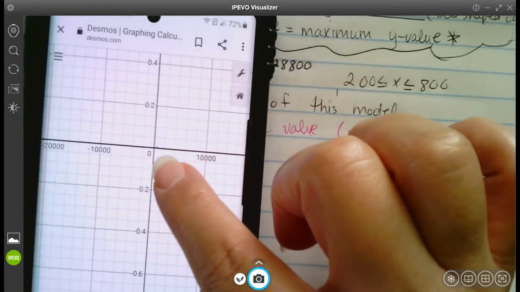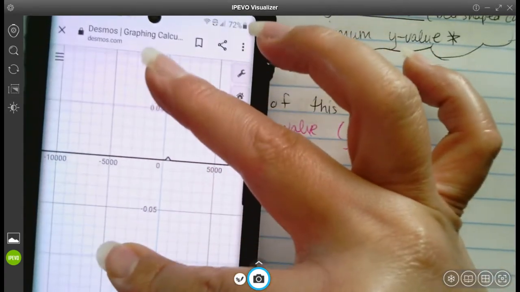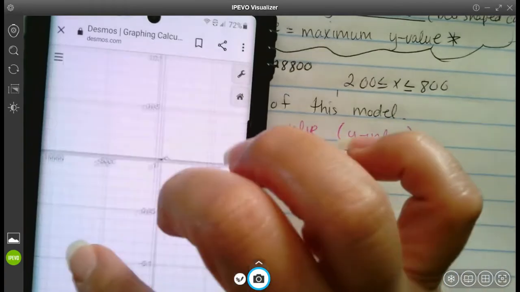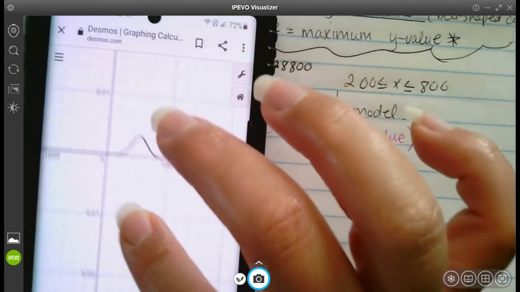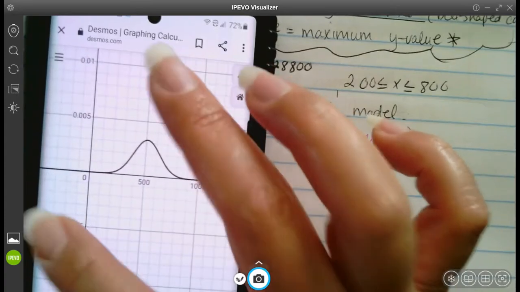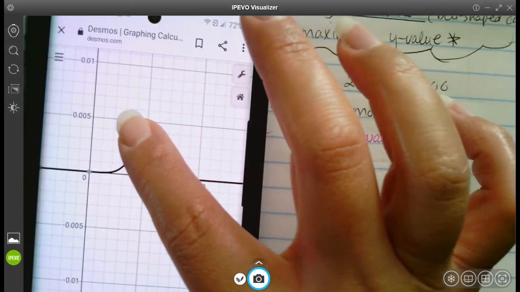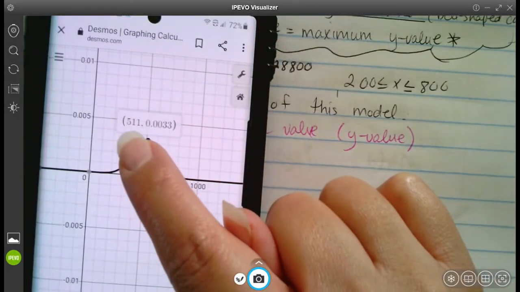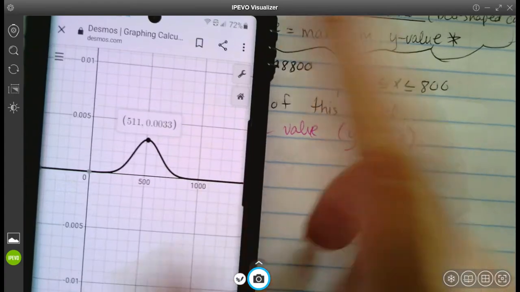You can see that little bump that just popped up. There's my max. Now that I know it's somewhere there, I can zoom in. For this one, I definitely recommend Desmos, because on the other one it's a little bit hard to see. And there it is. My maximum is 511 for the x and 0.0033 for the y.